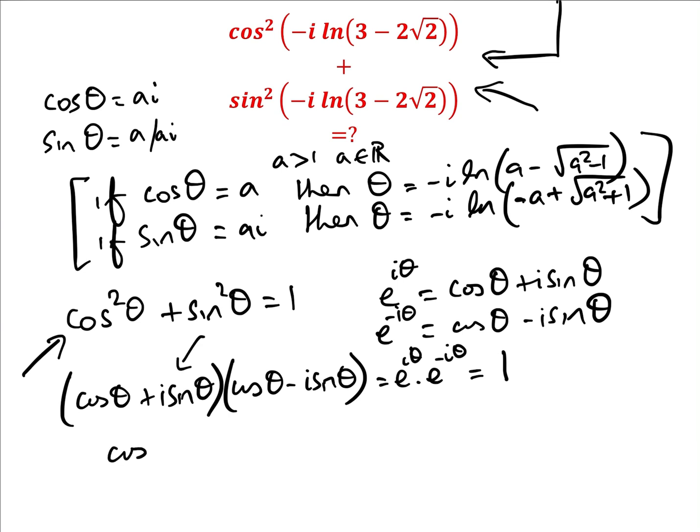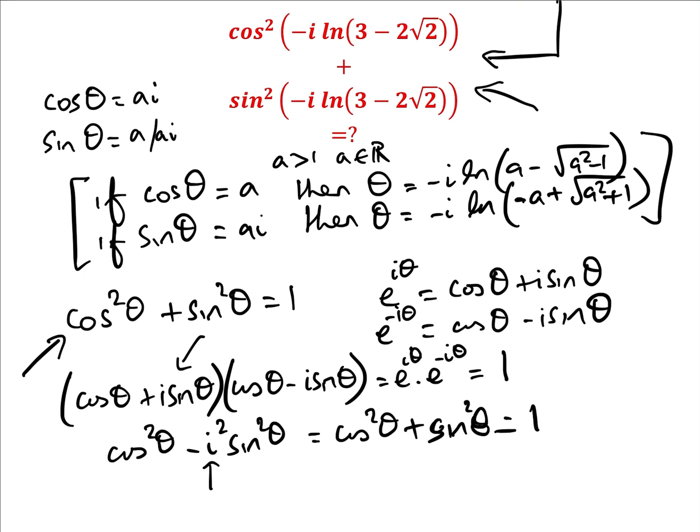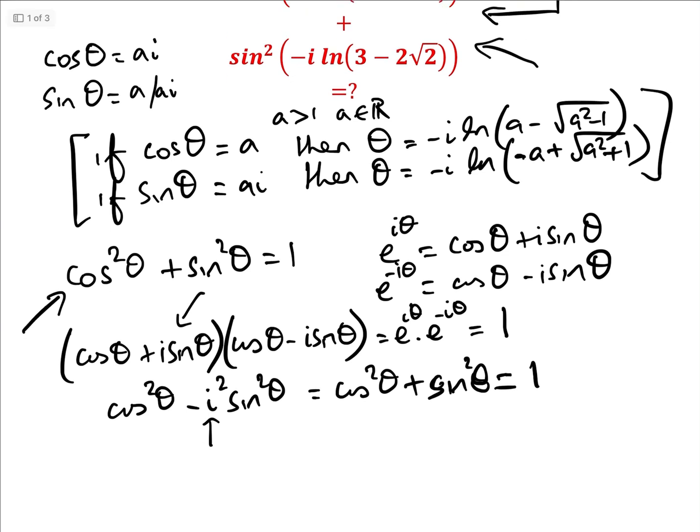Expanding this out here, we get cos squared theta add i sine theta cos theta minus i sine theta cos theta minus i squared sine squared theta, and as i squared is minus 1, that gives us cos squared theta add sine squared theta equals 1 for complex numbers. That's one way of proving it.